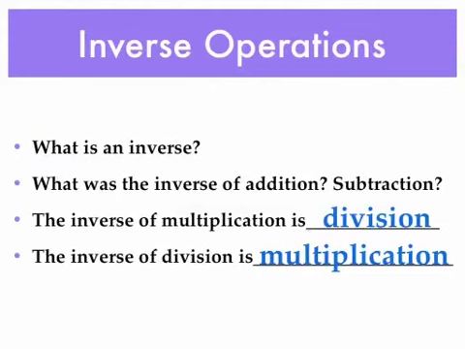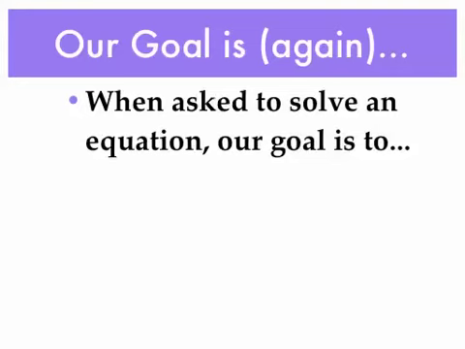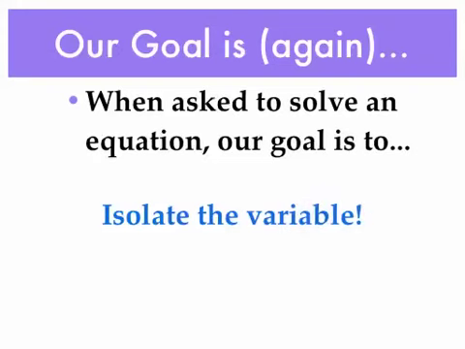So just like yesterday, if we're trying to solve a one-step equation today with multiplication and division, we're going to be using inverse operations. Our goal, when we're asked to solve an equation, is to isolate the variable. Remember, isolate means to get the variable alone on one side of the equal sign.